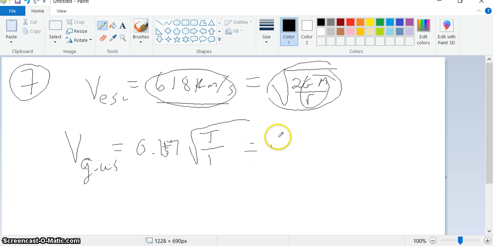So it's going to be the square root of the temperature of the corona, 3 times 10 to the 6th, and of course that has to be in Kelvin.